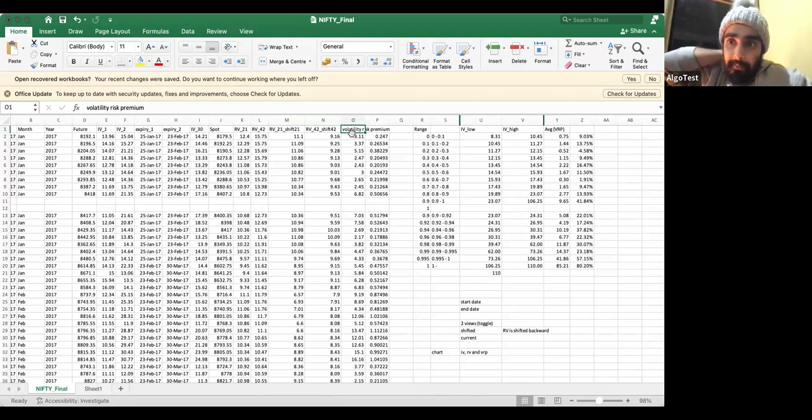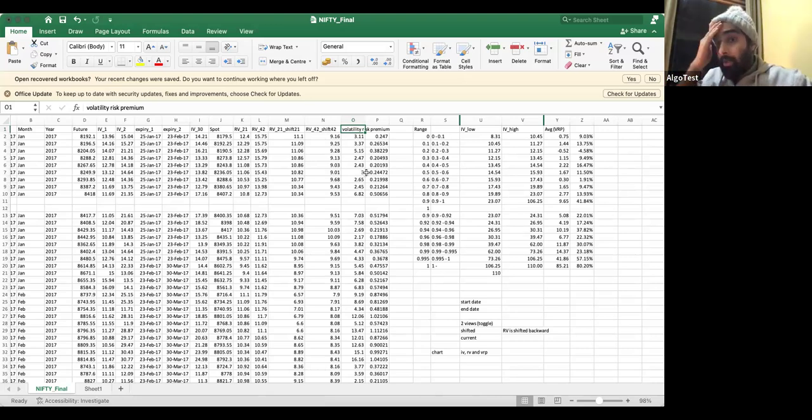Okay. And because of this volatility risk premium, there are dislocations that exist in the market. One very simple trade that you can put on is just this. You know what? I'll just always sell options. If I sell options, I will be able to capture this volatility risk premium provided I don't blow out, provided I can manage my risk.